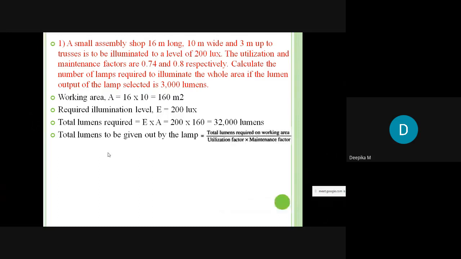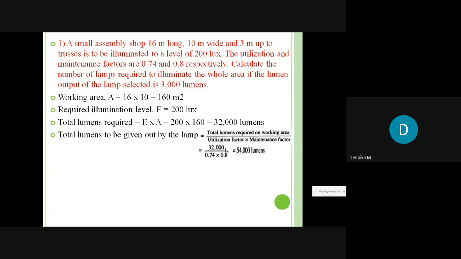So how do we calculate this? We calculate by this formula: total lumens required on working area divided by utilization factor into maintenance factor.